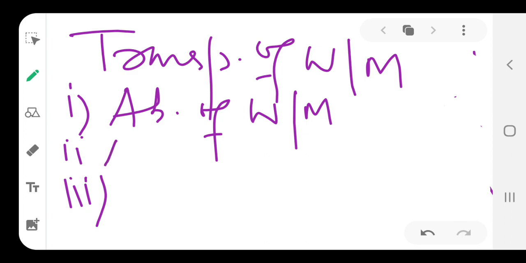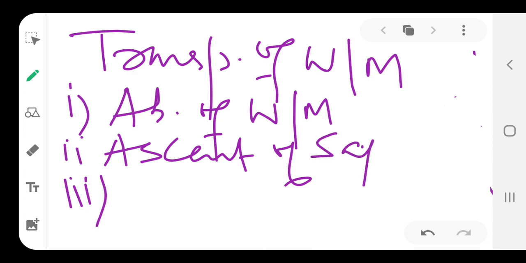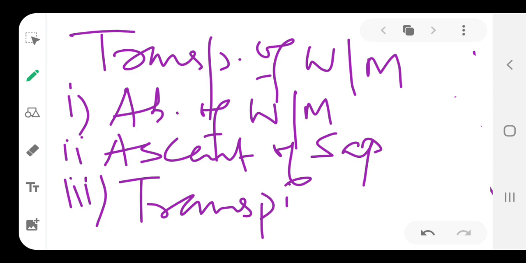Number 2, the term I have just told you, ascent of sap. And number 3 is transpiration. With these three terms, we will study the transportation of water and minerals.